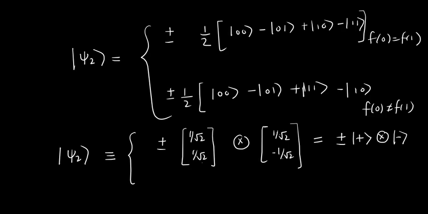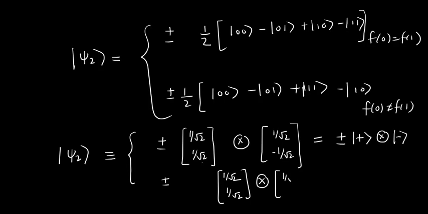And similarly, in the second example, we will see that you can write it as 1 by root 2, 1 by root 2, 1 by root 2 minus 1 by root 2, which is the same as plus minus ket, tensor product of minus. You need to check it.